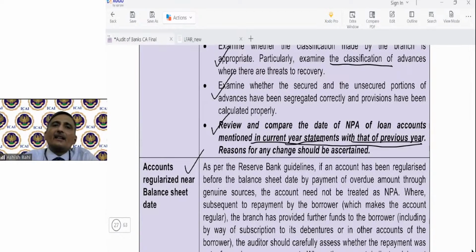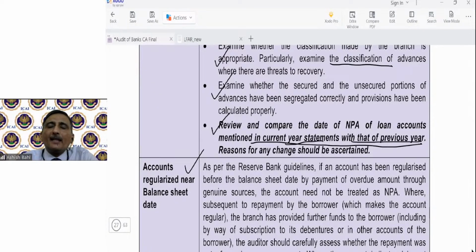But near the reporting date, near 31st March, say on 28th March, there are credits in the account, and as a result the account is not classified as NPA by the system.